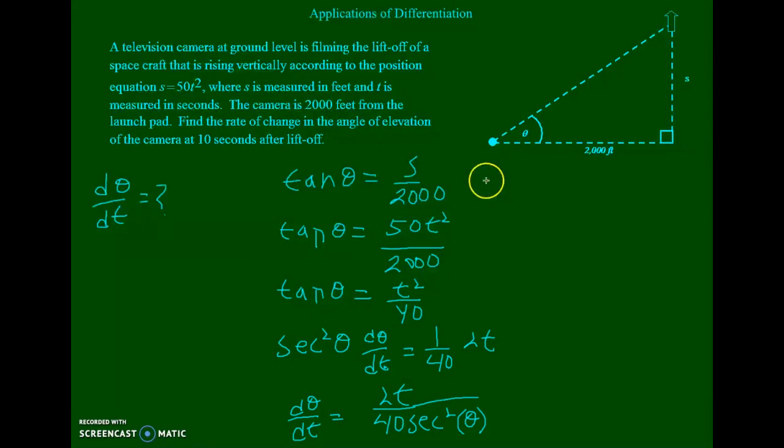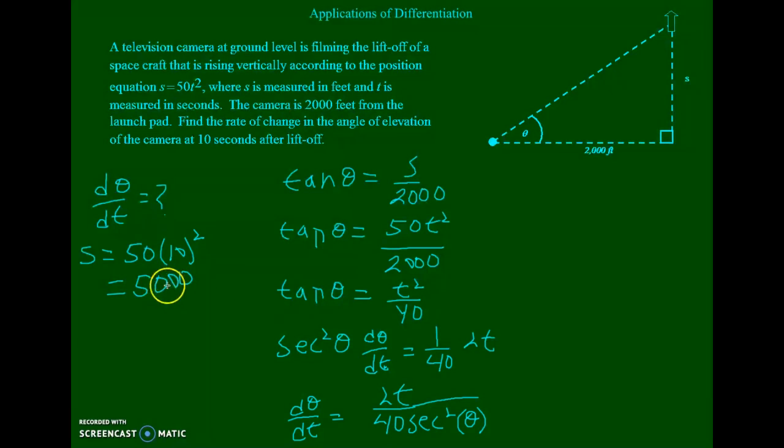So we're going to have to take that time value, place it in this equation, and find out what our s value is. So we have s equals 50 times 10 squared, which is 5,000.